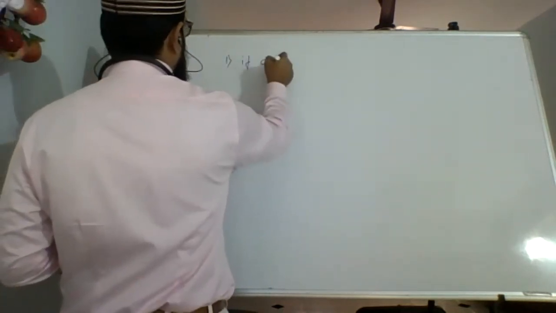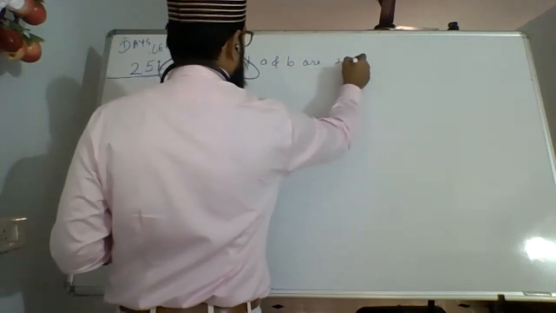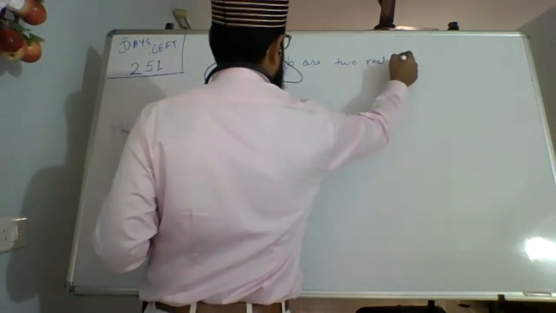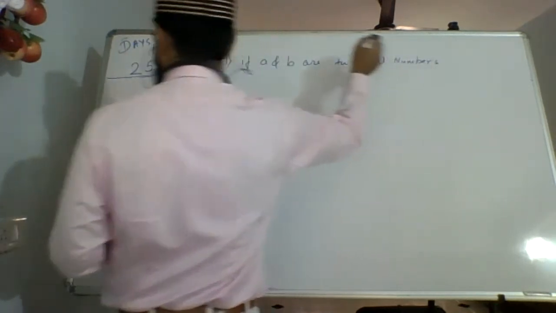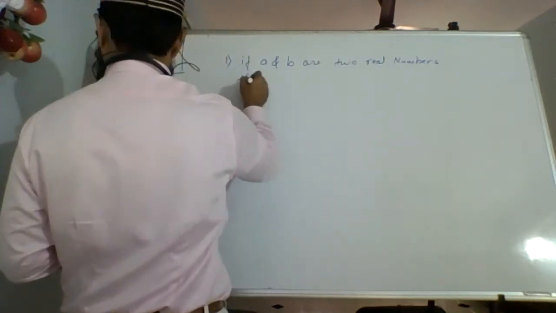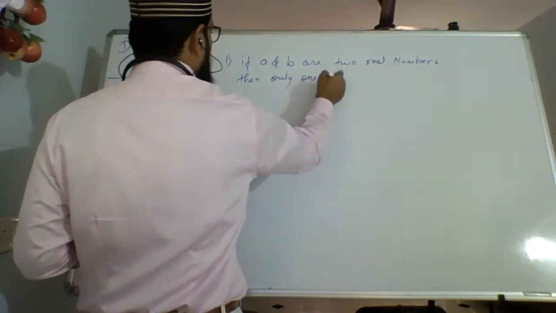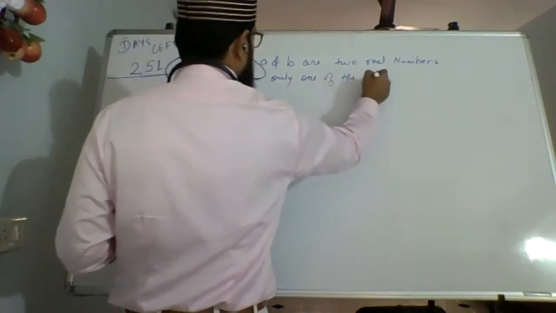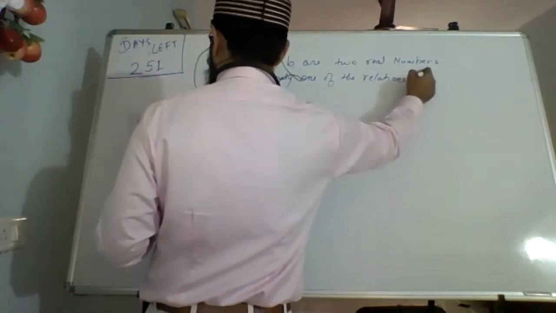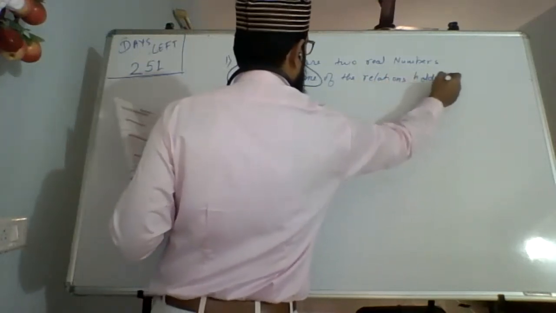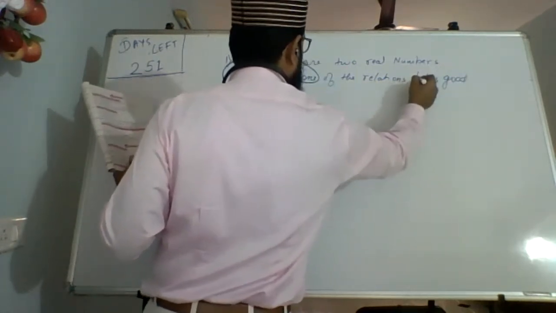If A and B are two real numbers, then only one of the relations holds good.